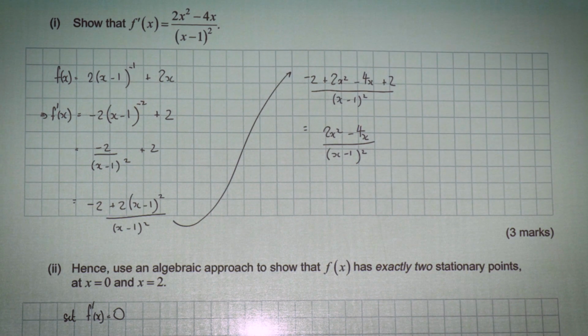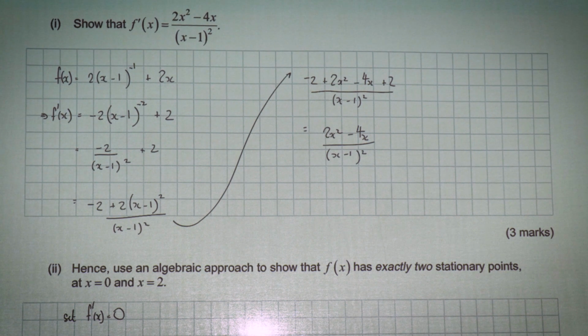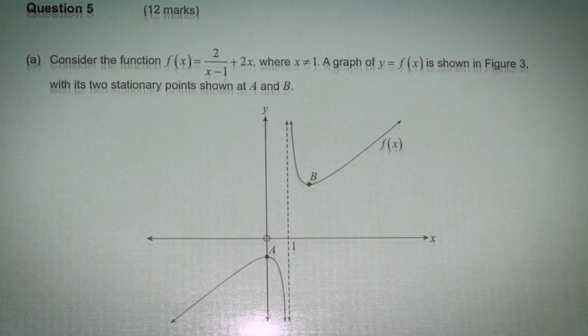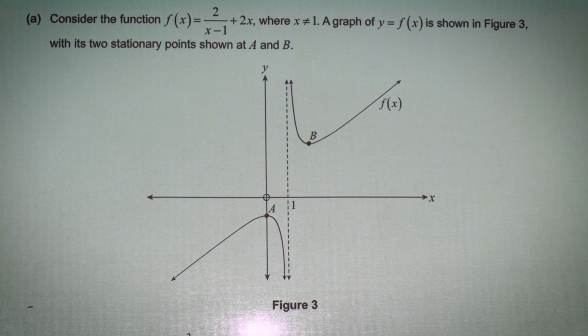We've got a show question first of all. So clearly we need to see some very clear algebraic evidence taking one step at a time. One thing that students did was they saw that we had a rational function plus another function, so fraction plus a thing. So they went, let's write that as a single function and then use the quotient rule on that. And that actually made it more difficult for them.